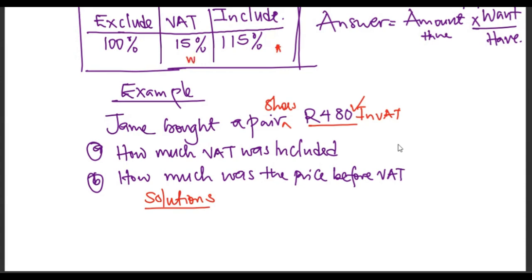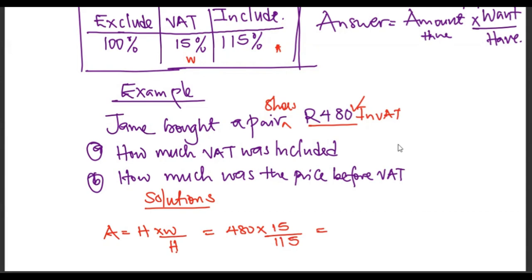So my answer will be the amount I have times what I want over the percentage I have. The amount I have is 480 times what I want, 15%, over what I have, 115. So how much VAT is it?